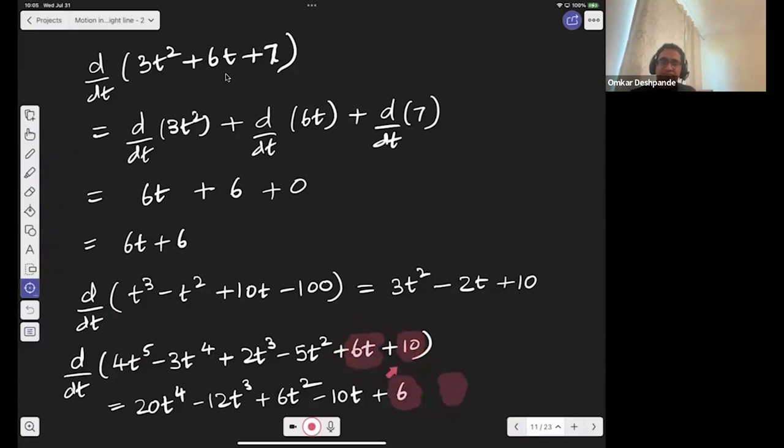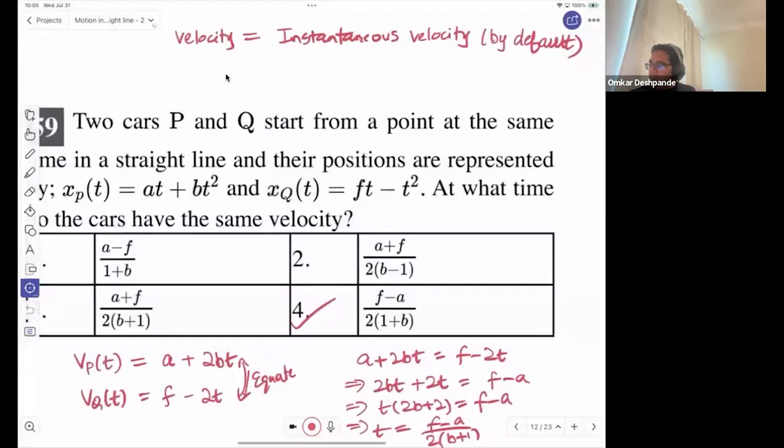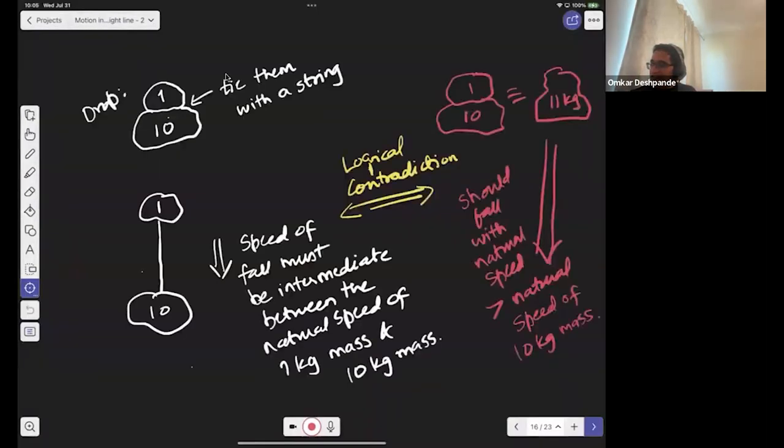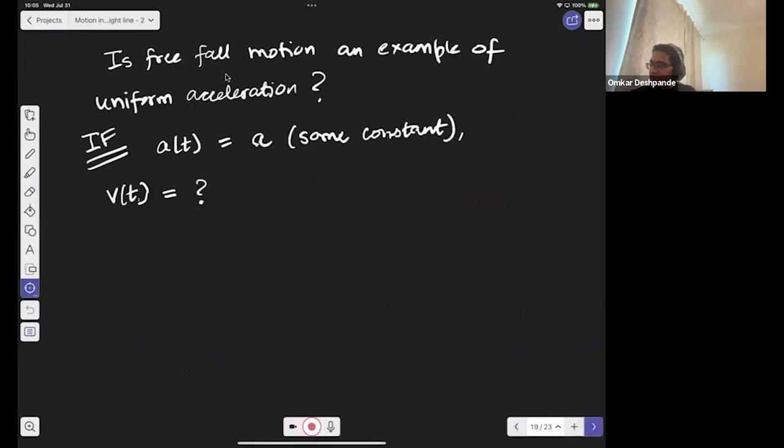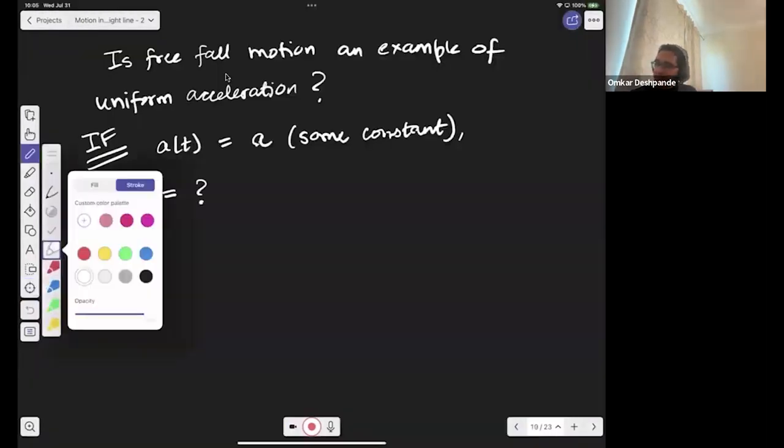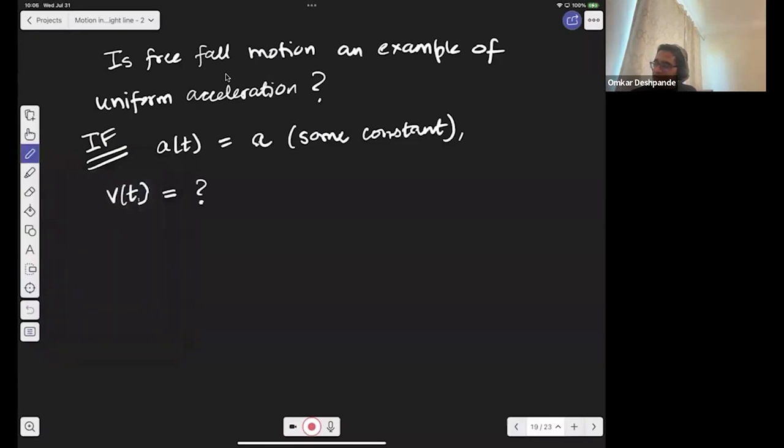A linear function is what will have a constant derivative. Does that make sense? So if the acceleration is constant, that means the velocity must be of the form at plus b, all right, a linear function of time.